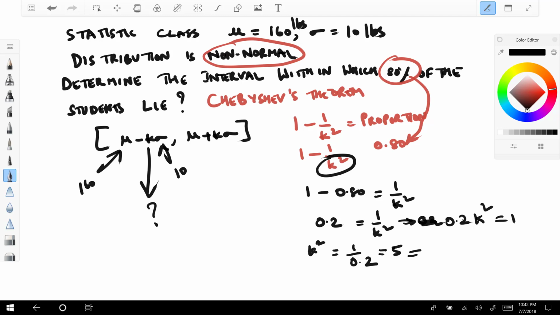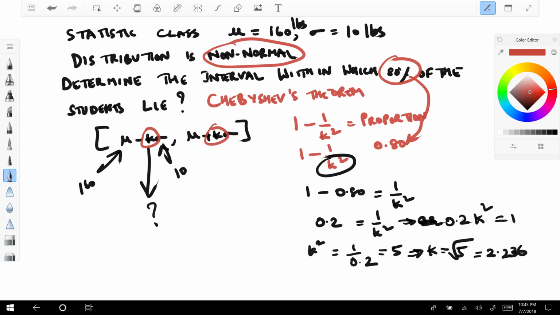So k is equal to square root of 5. So I will get 2.236. So once I got k, I can substitute k here and here and get the interval.